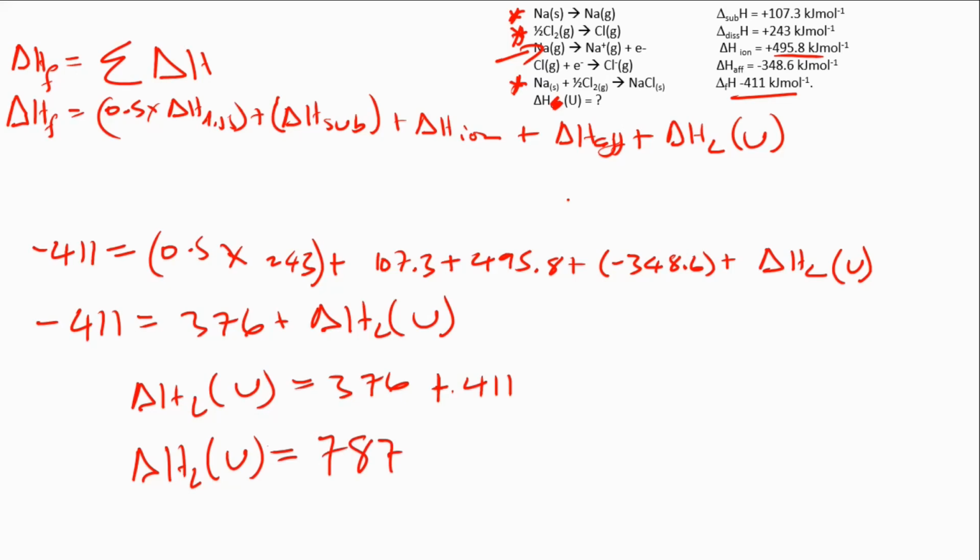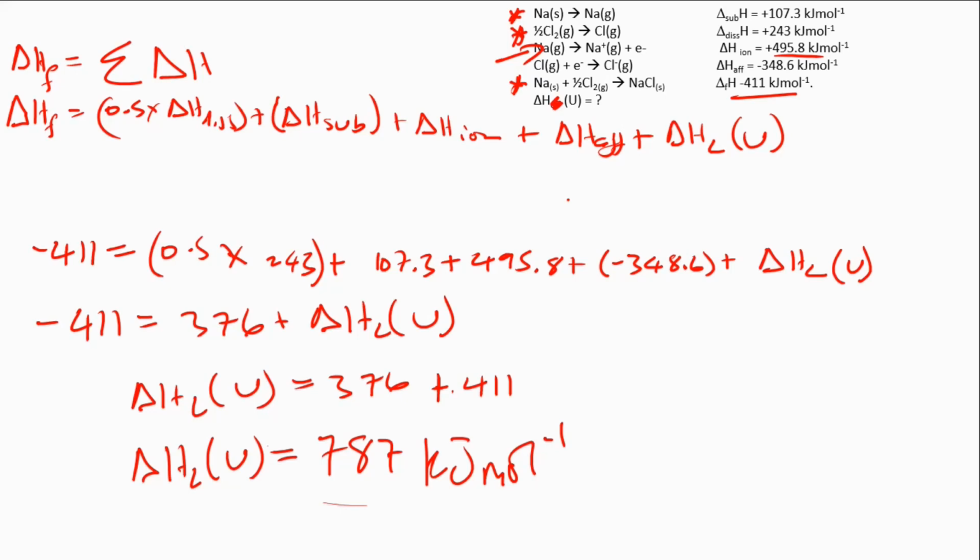The values are in kilojoules, so it's kilojoules per mole. The value is positive, which tells you that we're dealing with the lattice dissociation energy. Lattice formation energy would be the same magnitude, but opposite sign.